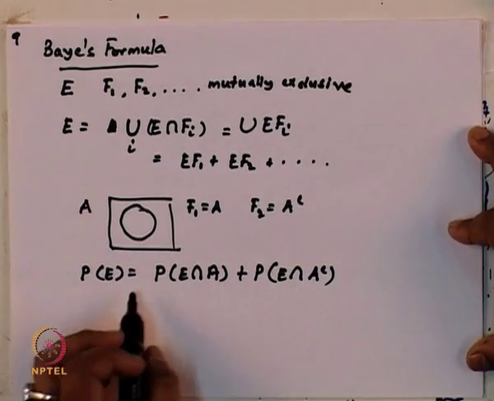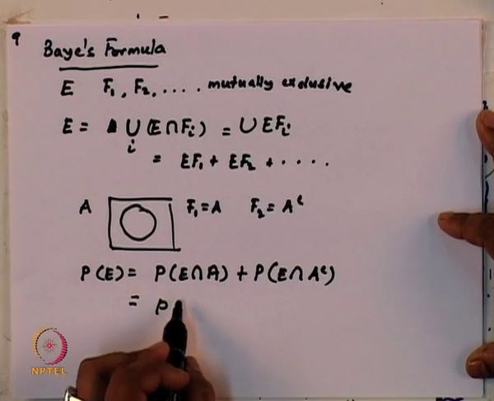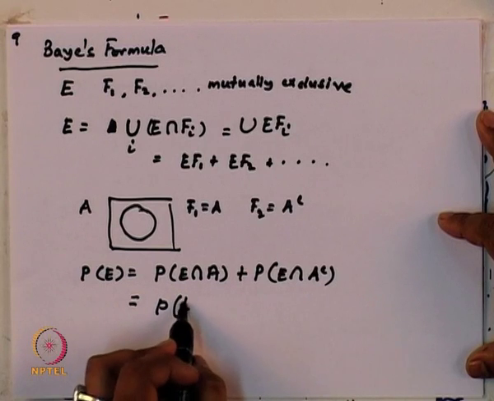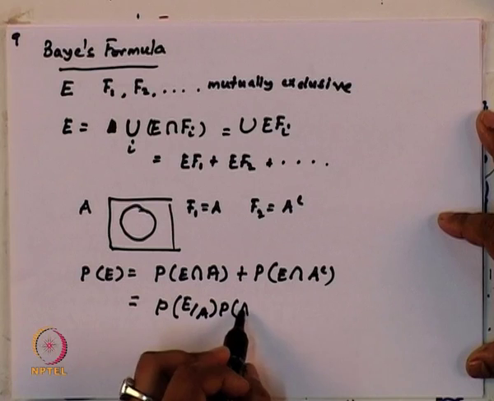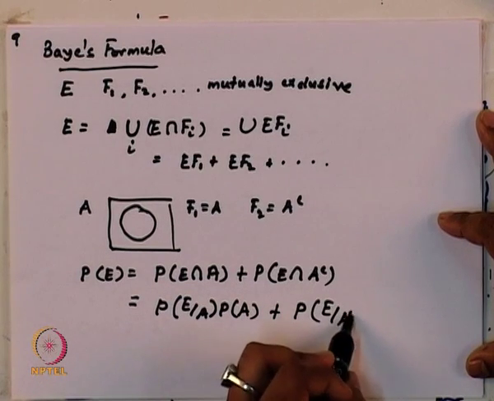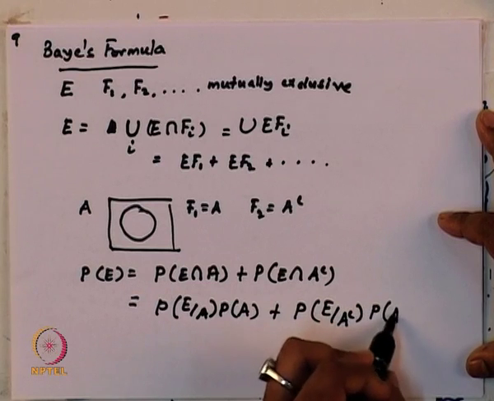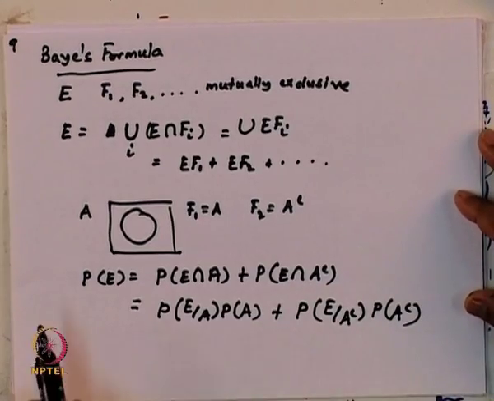This can be written as probability of E given A into probability of A, plus probability of E given A complement into probability of A complement.